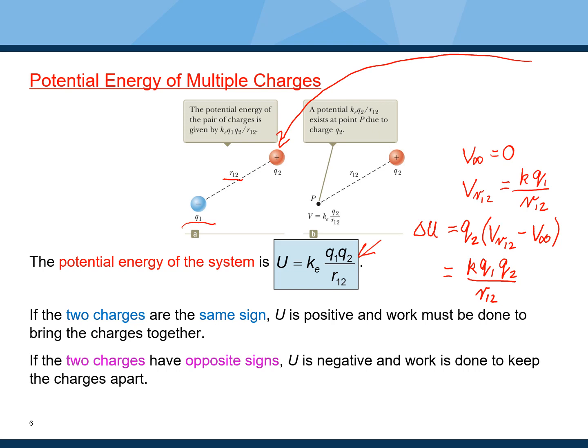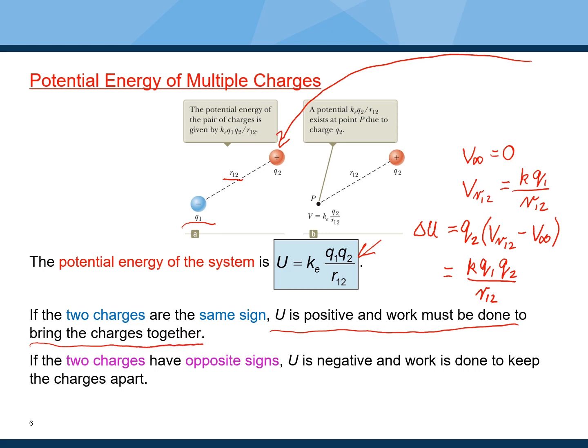Now notice some important aspects associated with this formula. First of all, this formula is extremely important and you should make it a point to memorize it. If q1 and q2 have the same sign, then the value of U, the potential energy associated with this system, is positive, and therefore we have to do work in order to bring the two charges together.